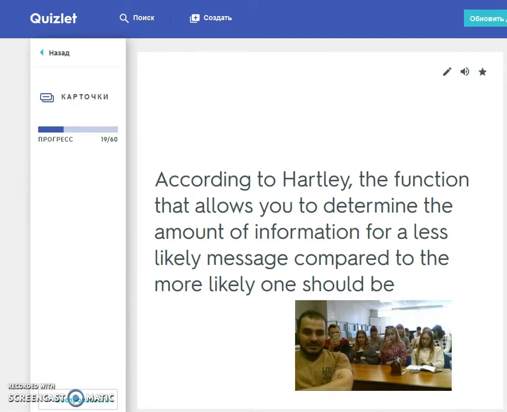The function for a less likely message compared to the more likely one should be?